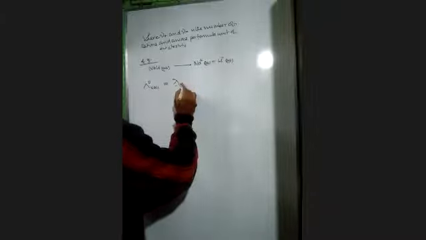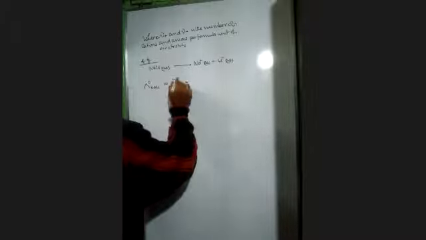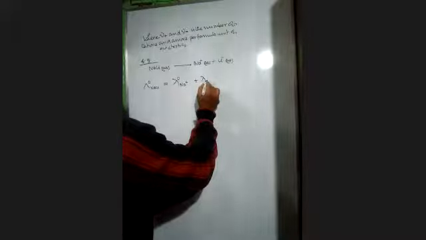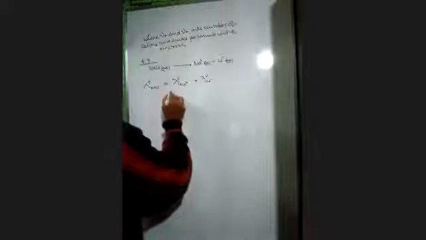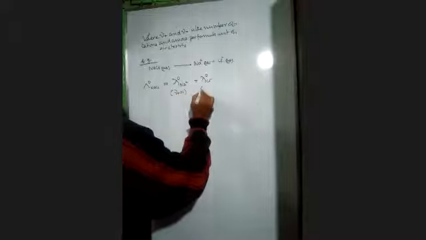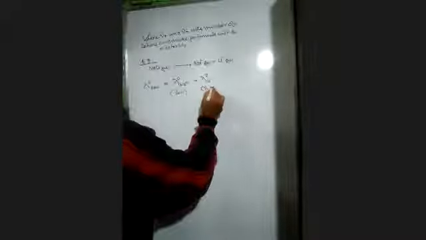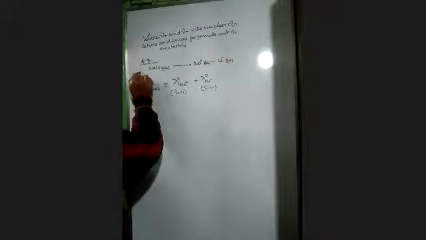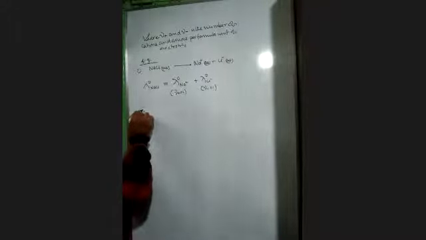You write Na plus 0 and Cl minus 0. In that case, nu plus is equal to 1 and nu minus is equal to 1. So don't get nervous. So this is 1.